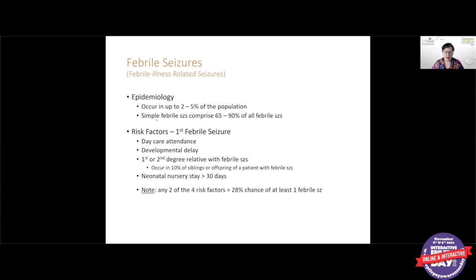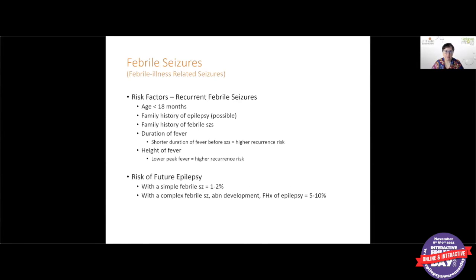Really, the more of these risk factors you have, the more likely it is that you might have a febrile seizure. So if you're going to have more than one of these, often the person is less than 18 months old and may have a family history of epilepsy or febrile seizures.